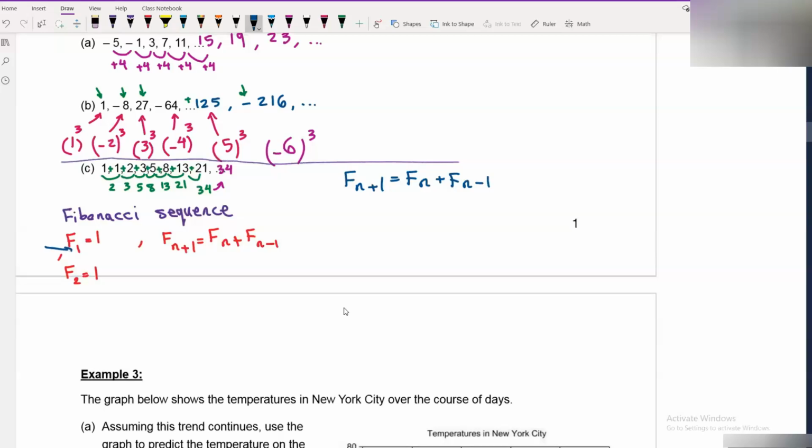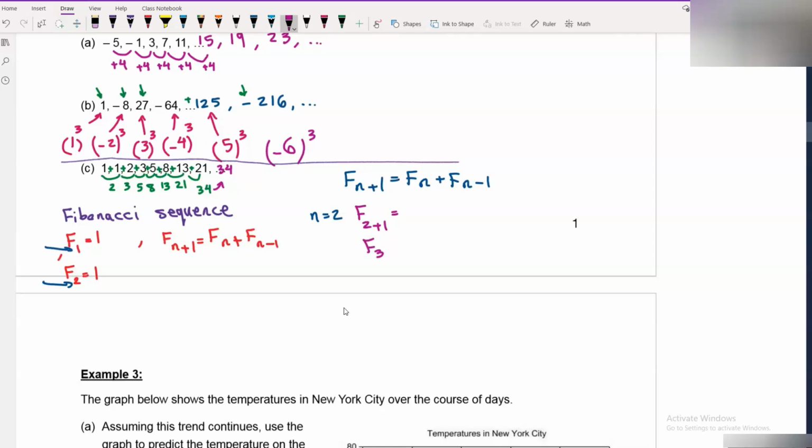For the first one here, we have 1, here we have 2. I'm going to start with 2. So it's 2 plus 1. So that is F3. We already have F1 and F2. That's why we have to start with F3.